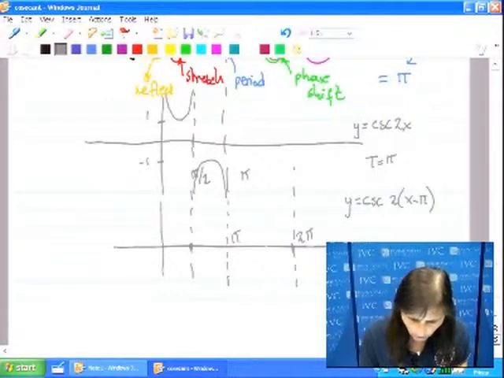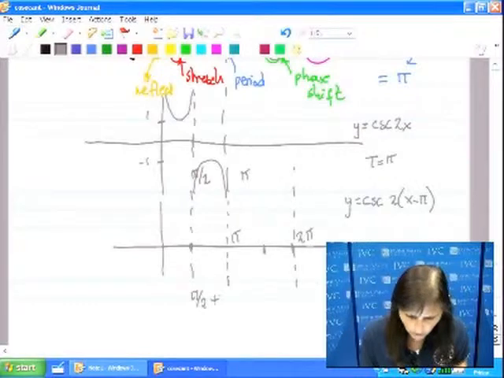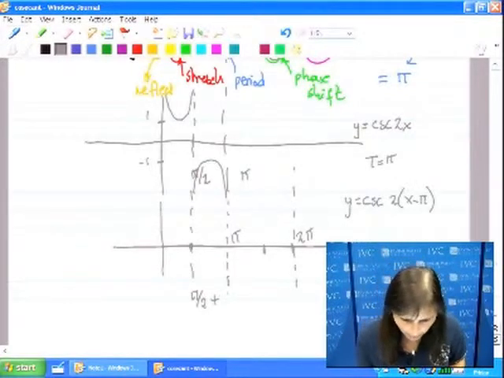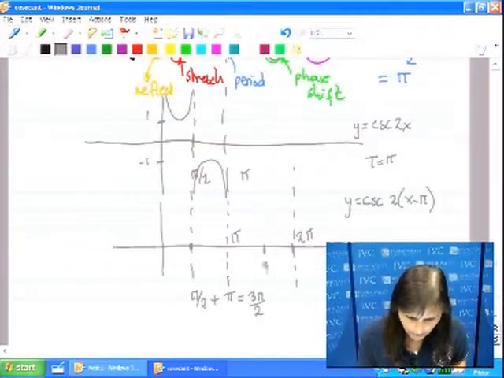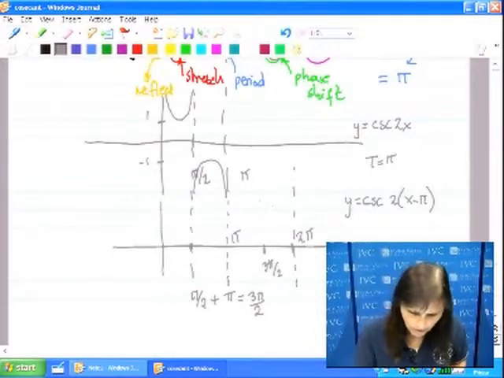It's going to go right here. So this used to be pi over 2. It's going to move to the right by pi. So that's going to be 3 pi over 2. So it's going to be right here, 3 pi over 2. And that's going to be an asymptote.